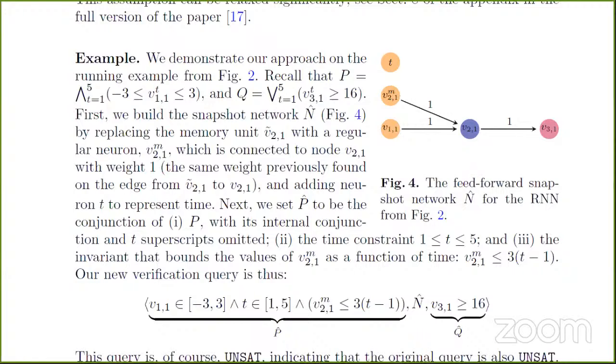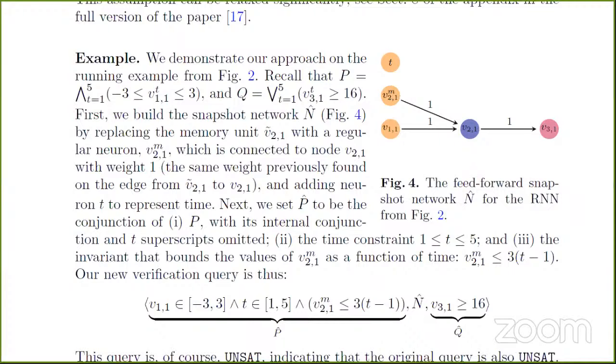Remember that P, the precondition for the RNN verification, was that the input at all time units lies between -3 and 3, and the postcondition was that the output at some time unit is greater than or equal to 16.